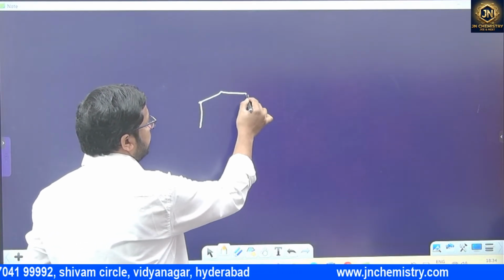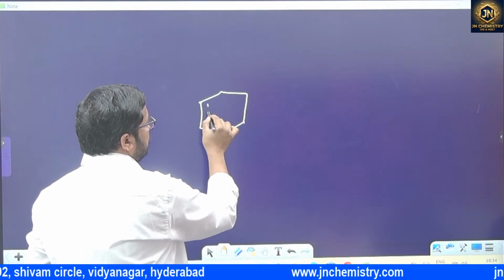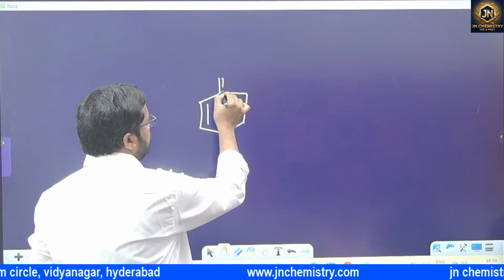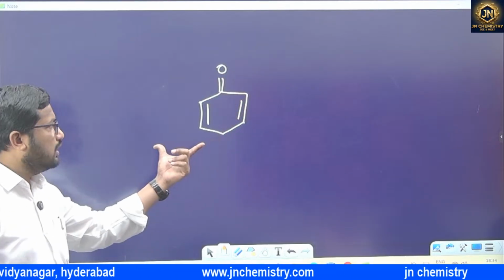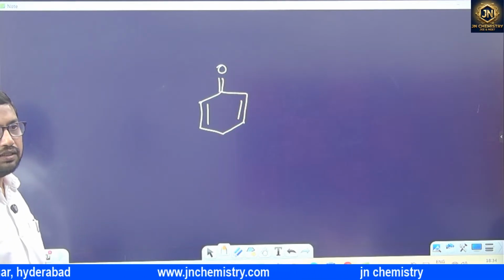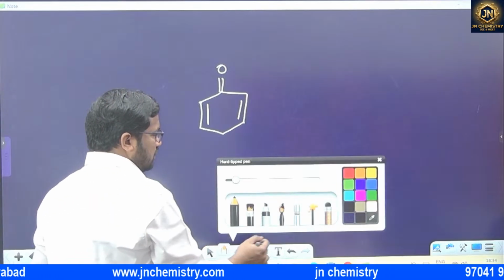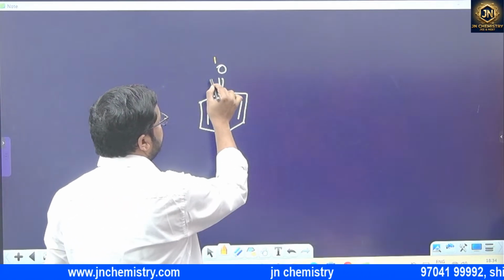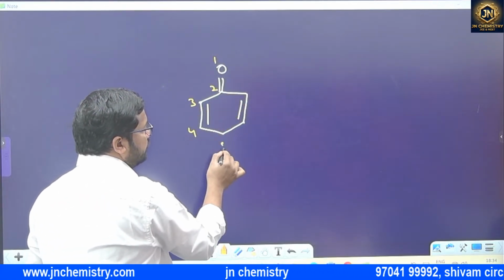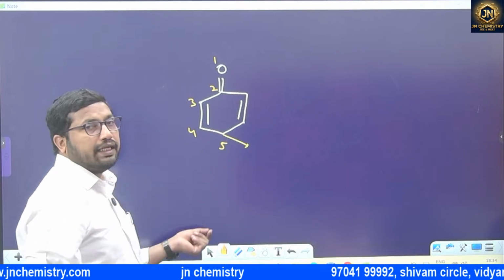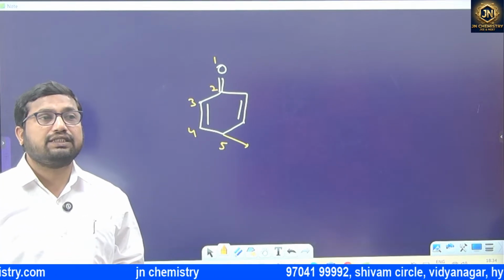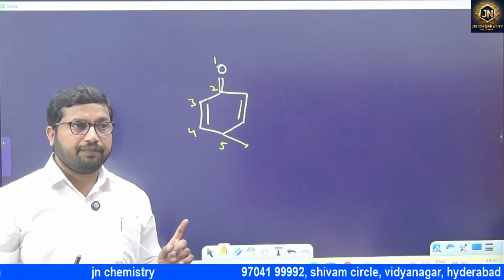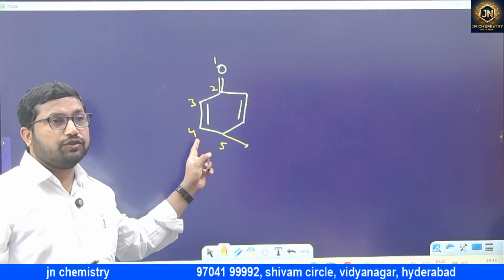The main important thing is here: for example, this is a compound. In this case, is tautomerism possible or not? Possible. How is it possible? Positions 1, 2, 3, 4, fifth one. In the case of tautomerism, what is the condition? The alpha carbon should be sp3 carbon.